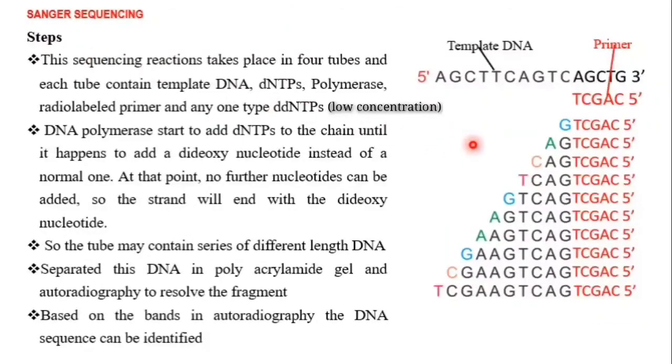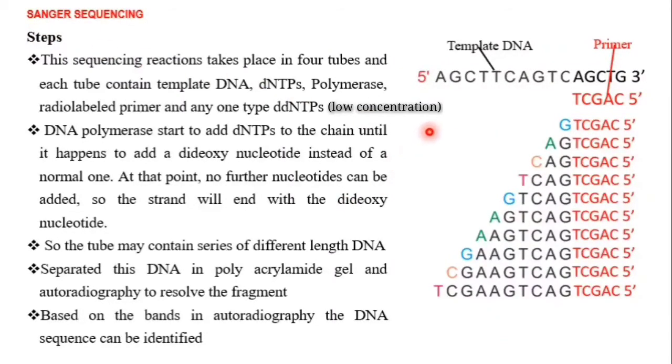Now we can see the steps involved in chain termination sequencing, or Sanger sequencing. Like in the Maxam-Gilbert method, the sequencing reaction takes place in four tubes.